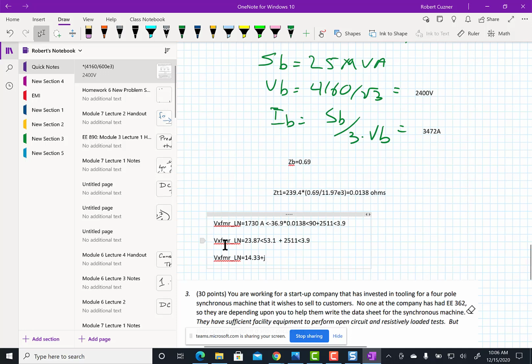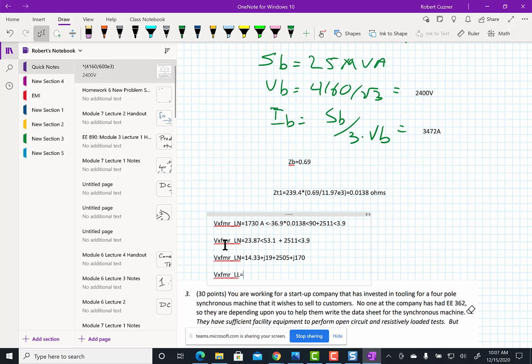That is 19, plus 2511 times cosine of 3.9, which is 2505, plus J 2511 times sine of 3.9, which is 170. And now I can convert this into the line to line in one step.